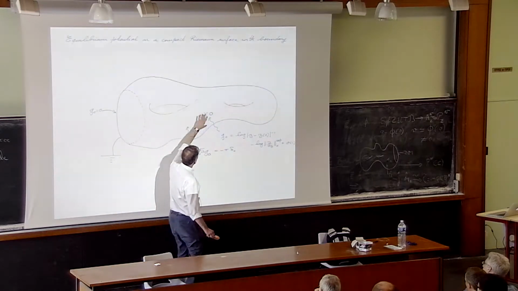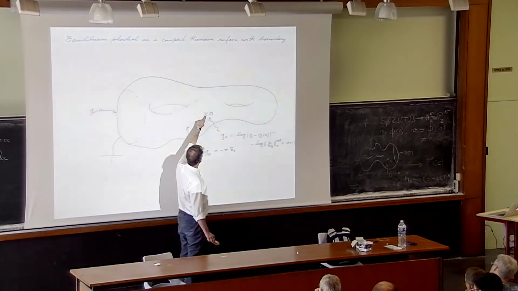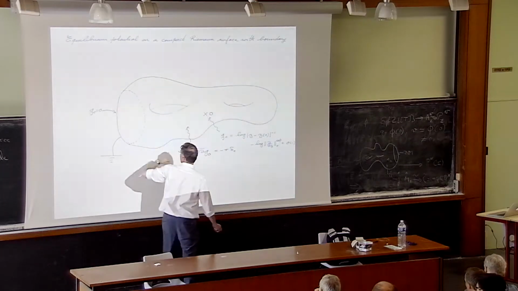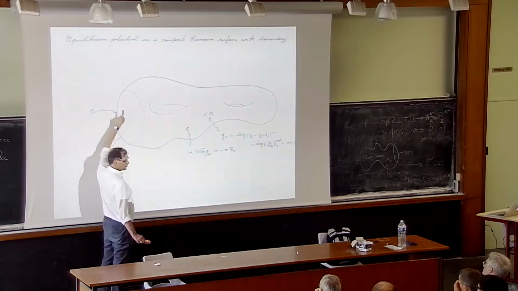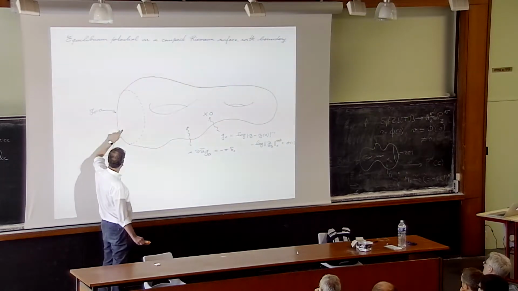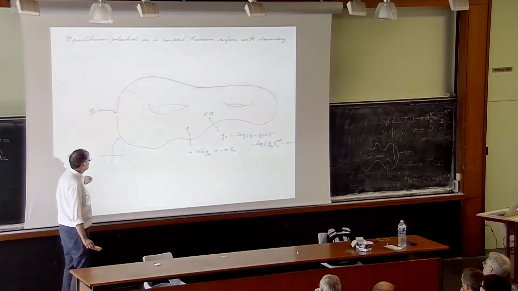Well, if you want, if you have a unit charge in this two-dimensional world, you consider the potential it creates, submitted to the Dirichlet condition that it is zero at the boundary. That is drawn by this picture.